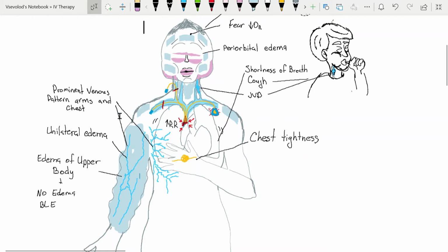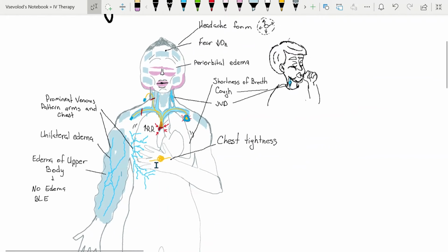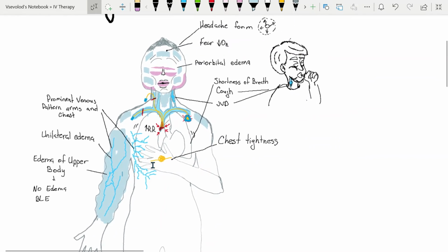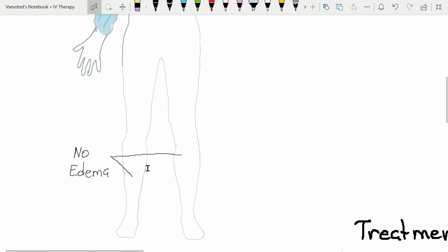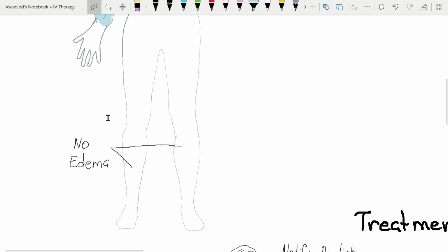Also unilateral edema may be present if the central catheter is on one side and the blood is not leaving that extremity. Also, the edema may be present in the upper body but not present in the lower extremities.